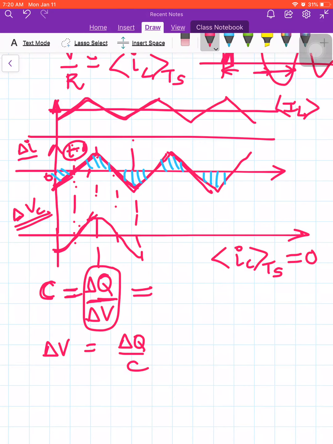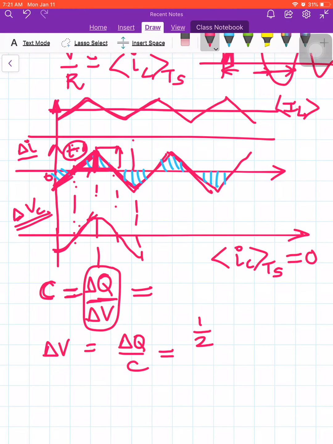So how do we find out this delta Q? That delta Q is nothing but the area, right? So this is the triangle, and we need to find out the area of this particular triangle. So the area is equal to half into the ripple current magnitude.